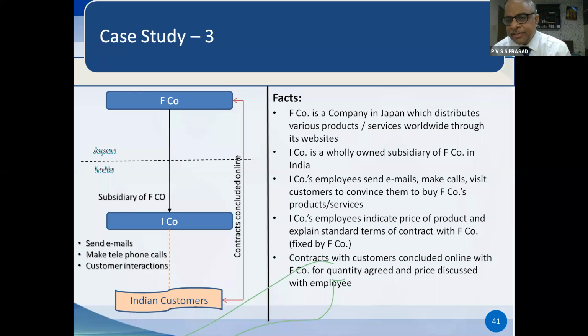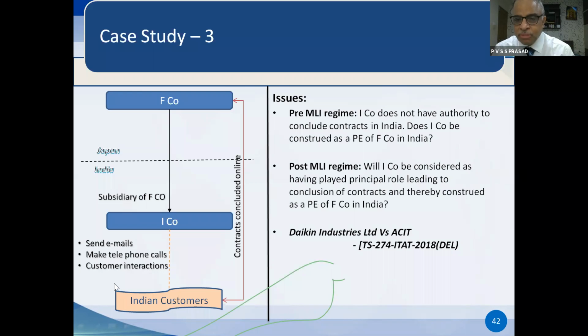The contract signing is happening at the parent company level in F company online, except that everything else they are doing. On account of which they were trying to avoid the trigger of PE. The earlier wording of agency PE says, unless the agent has the authority to conclude contracts, it would not amount to a permanent establishment. But if the agent is doing everything except signing the contract, he has done everything in substance. So now the MLI says that is not possible.